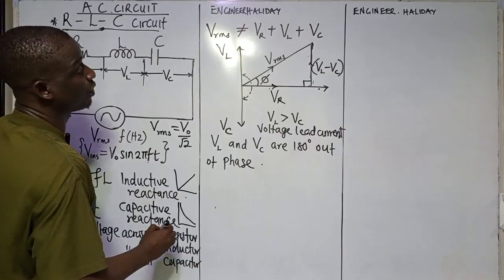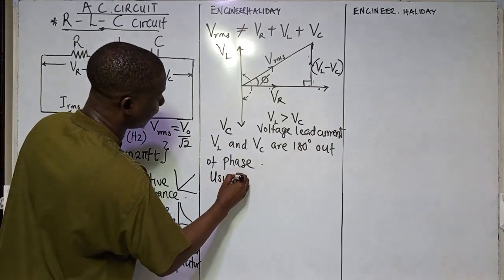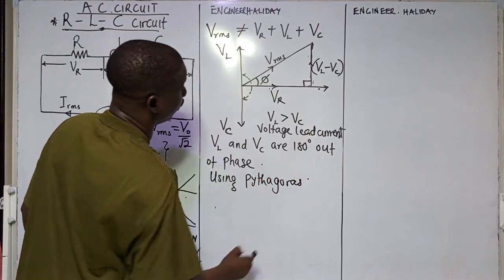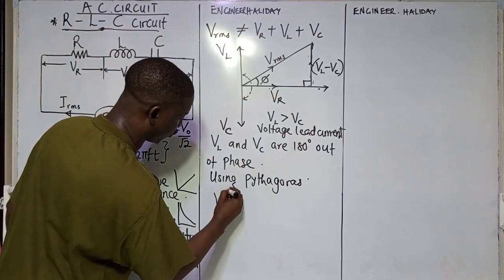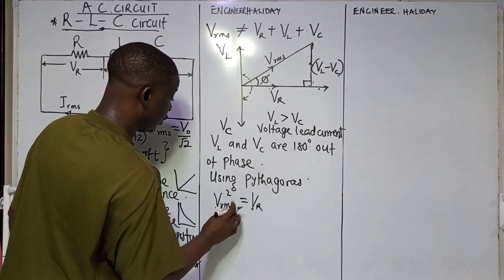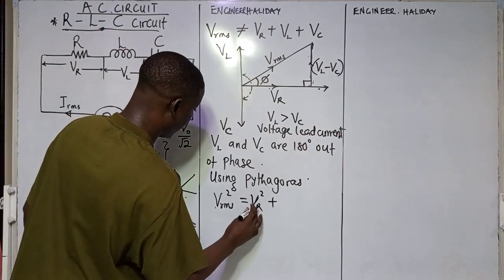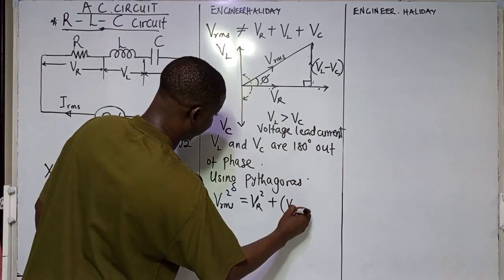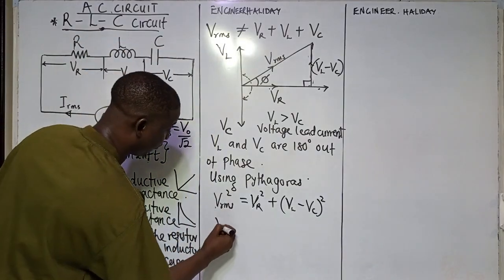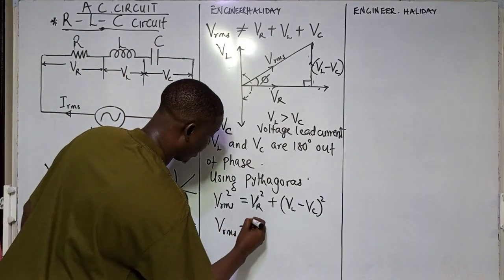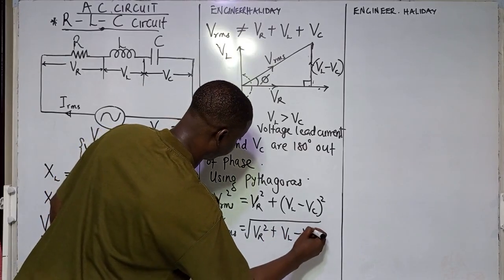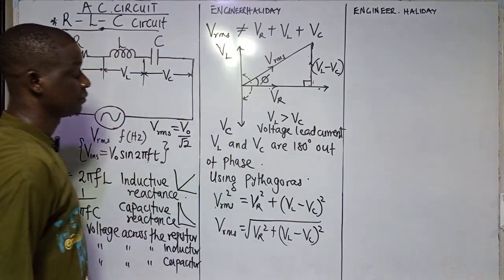Now, for us to use Pythagoras theorem, we have VRMS squared equal to VR squared plus VL minus VC, all squared. Using Pythagoras theorem, we will have VRMS equal to the square root of VR squared plus VL minus VC, all squared.